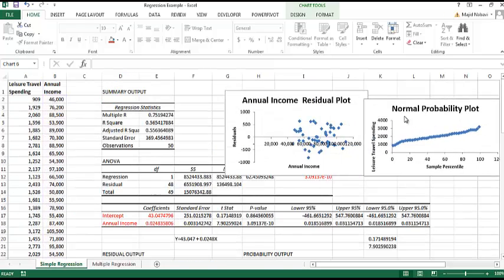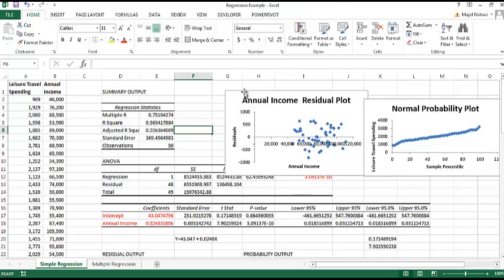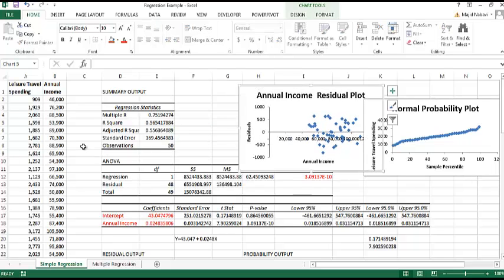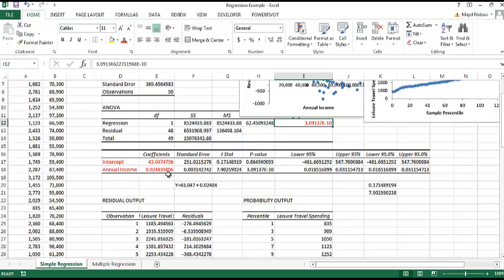So our conclusion for this regression analysis is that annual income explains about 56% of spending on leisure travel for people. The rest should be explained by other factors. Our model is significant, and the slope we calculated is significant.